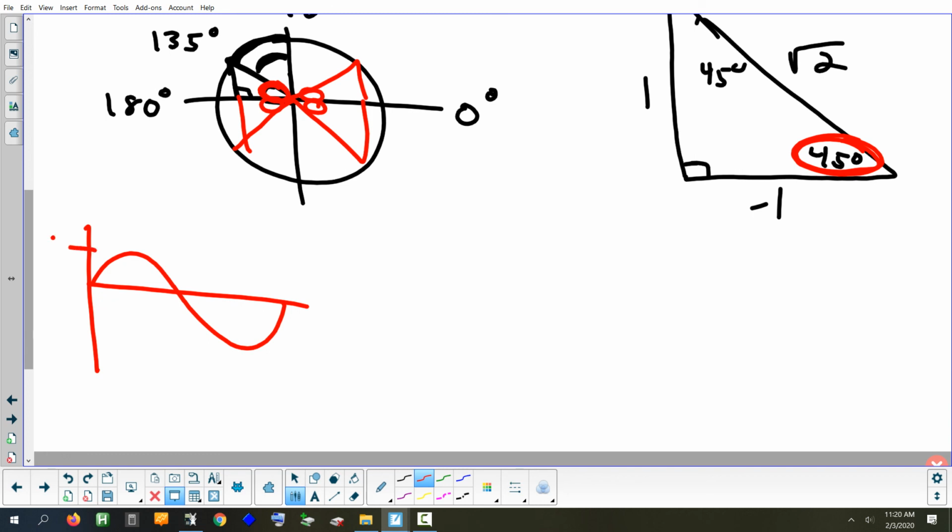And what's the lowest? So -1 just happens to be the lowest point that the graph ever hits. And -1 is 3/4 of the way through the cycle. Does anybody remember what 3/4 of the way through the cycle, what the x value is?